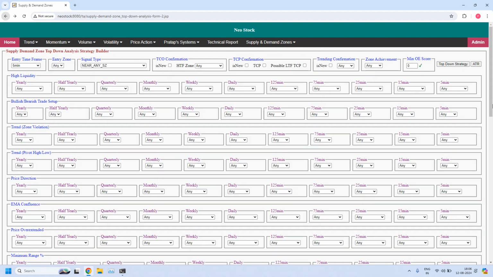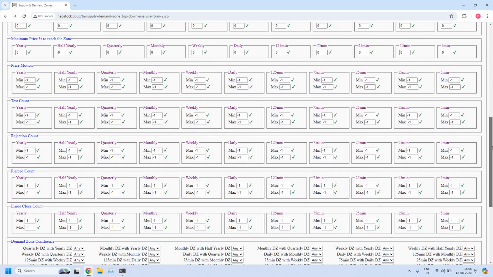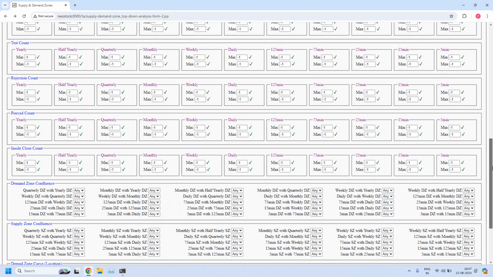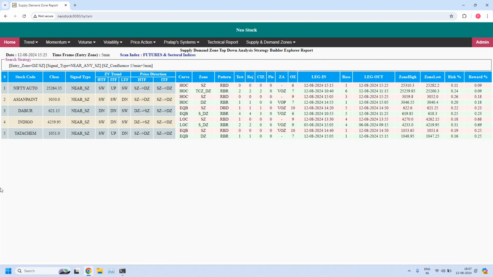This 5 minute supply zone and 15 minute supply zone confluence. So this is the one, I am enabling. Let us filter the stocks. Now 5 stocks are filtered. These 5 stocks are having a 15 minutes and 5 minutes confluence.